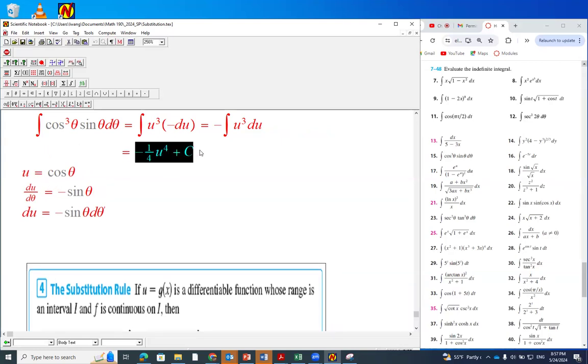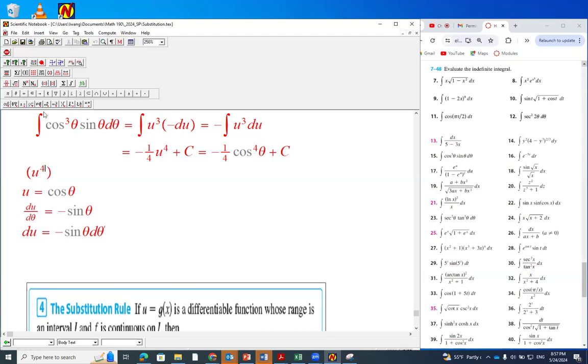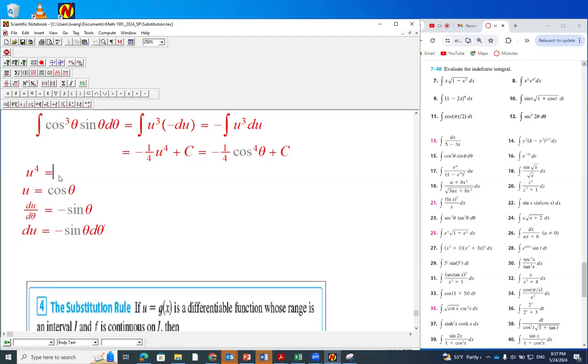Okay, one more step. Substitute u back by its equal, which is cosine theta. So we have cosine theta substituted in place, and this theta is going to be placed there. Please note, when we do the substitution, u to the power 4 equals cosine theta to the power 4.